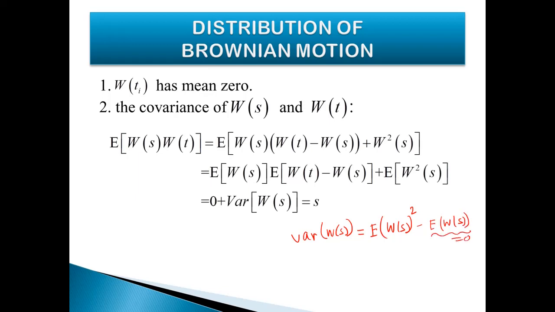This part is equal to 0, so it's expectation of W(s) whole squared. So expectation of W squared (s) is equal to variance of W(s), and variance of W(s) you already know is equal to s, so this one is equal to s. Okay, so you can see that, I should write here, s is less than t. If s is less than t, then we have expectation W(s)W(t) equals s. If t is less than s, it will be t.